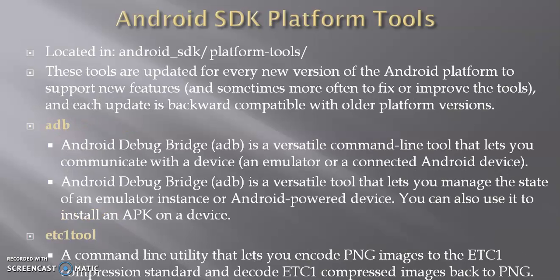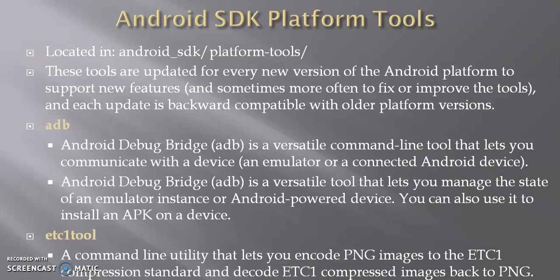Then next is Android SDK Platform Tools, which is located in Android_SDK/platform-tools. These tools are updated for every new version of the Android platform to support new features, and sometimes more often to fix or improve the tools, and each update is backward compatible with the older platform versions. The first one is ADB, that is Android Debug Bridge.